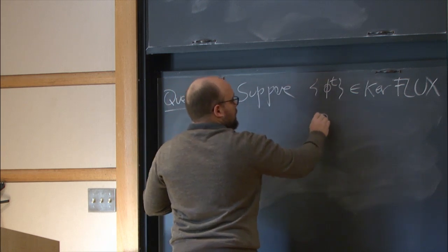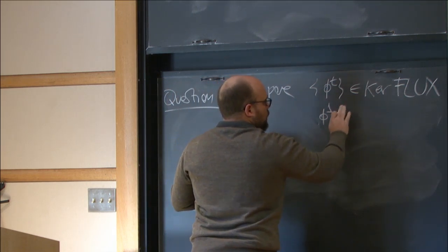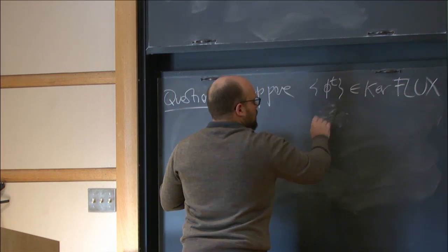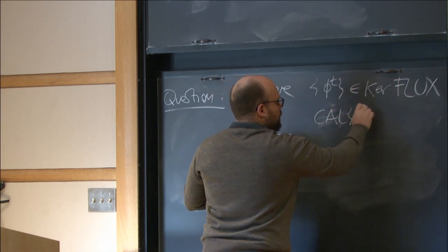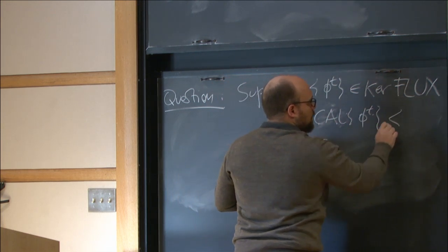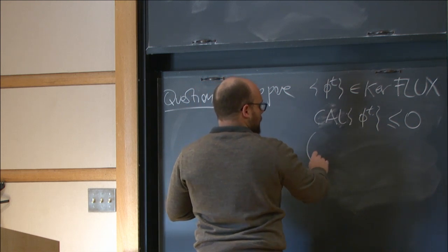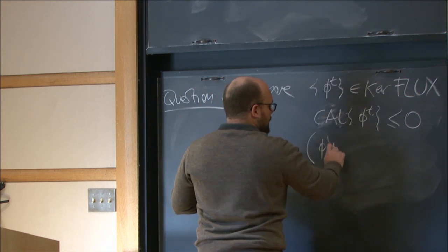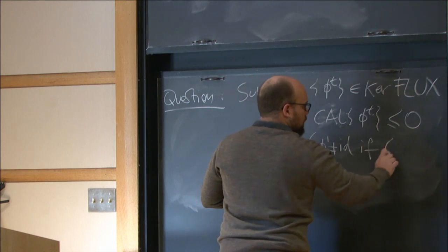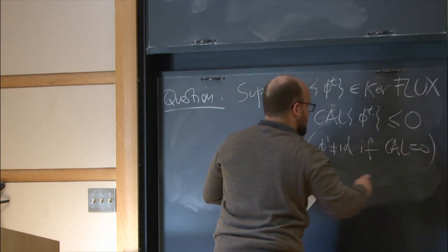Suppose that the Calabi invariant is less than or equal to 0, and the endpoint is not the identity if Calabi is 0.